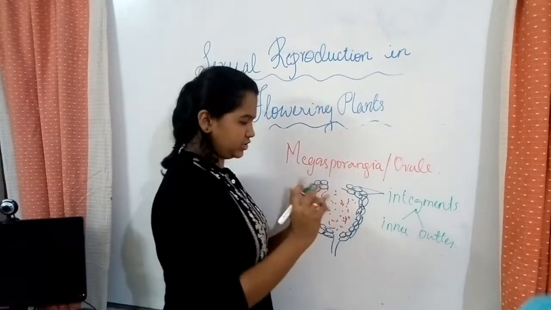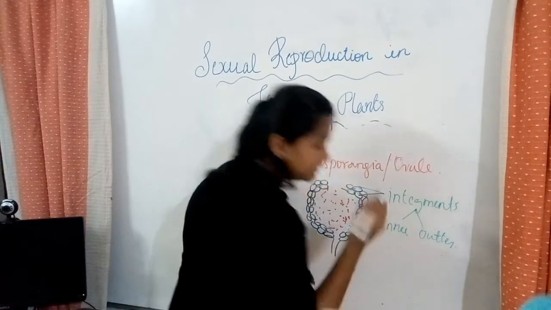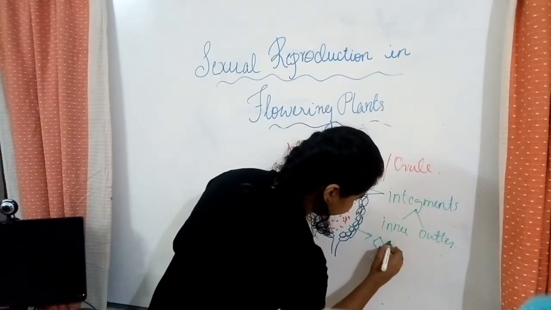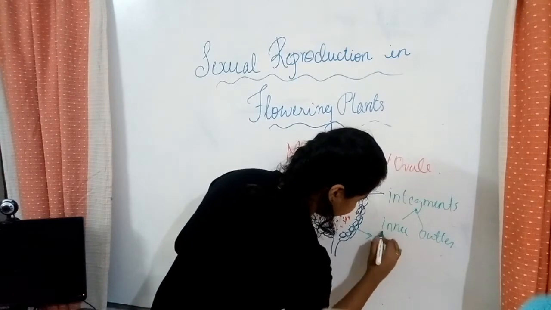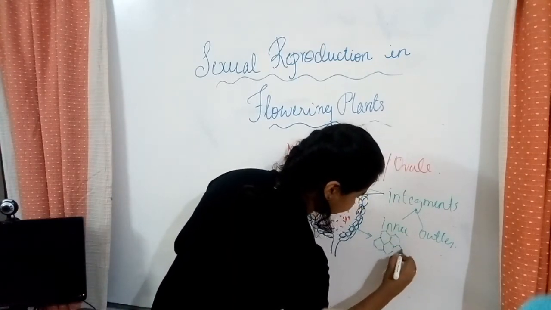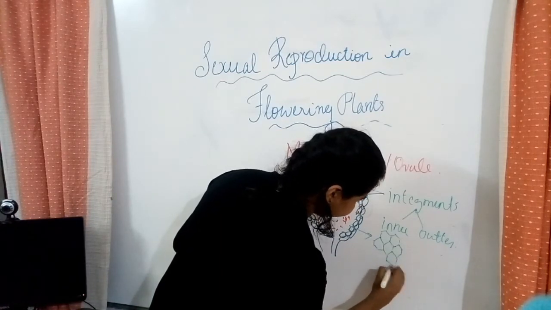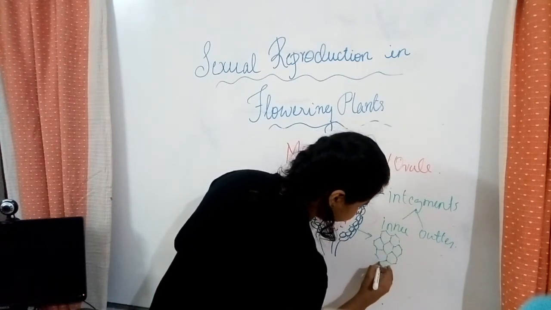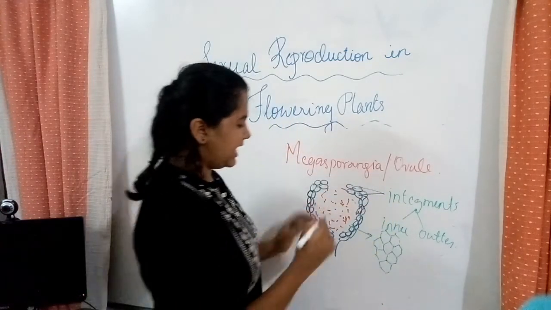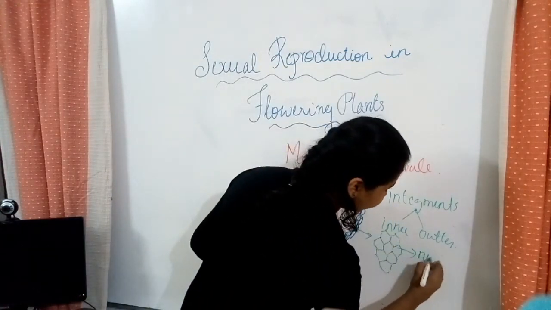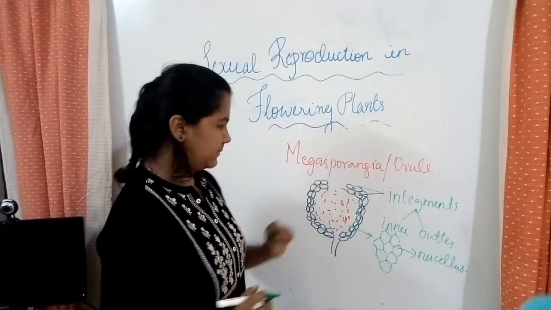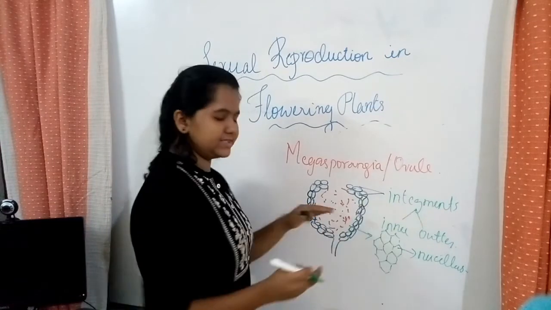These dots are actually not dots, they are cellular structures. To draw the whole structure would take time, that is why I just drew it in dots. This is how it will look inside, and this is called the nucellus. This is the integument, this is the nucellus.